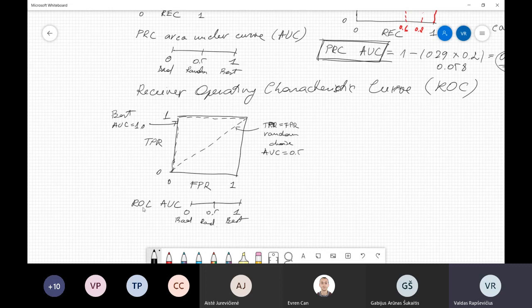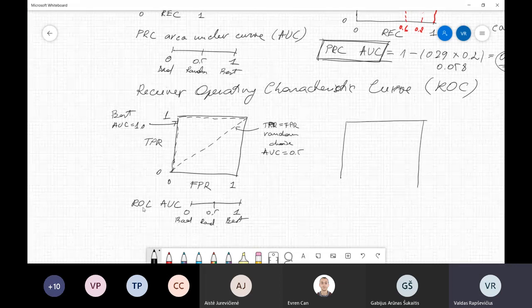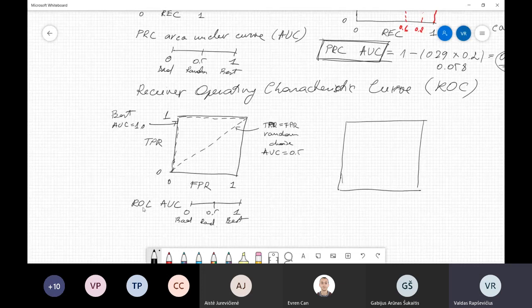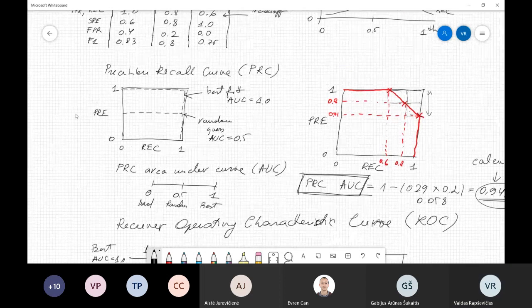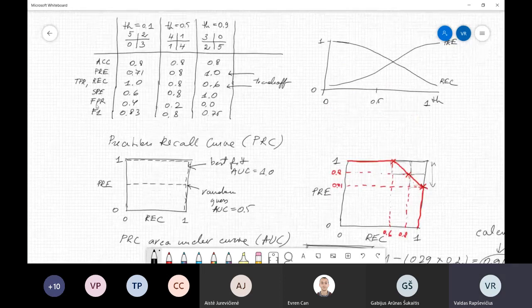Right? Okay. So just like that, let's make this curve for our data set for various thresholds. So we basically take again the box, and this is from 0 to 1. This is the false positive rate, and this is from 0 to 1, the true positive rate. Okay. So let's take a look. False positive rate and recall, or true positive rate.